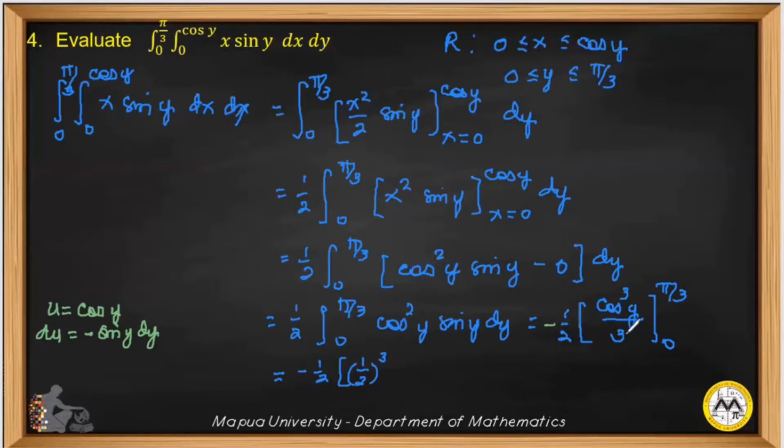We can also factor out 1/3, and let us do that to make the computation more simple. So this will give us negative 1/2, then we will factor out 1/3, so times 1/3 here, times the quantity.